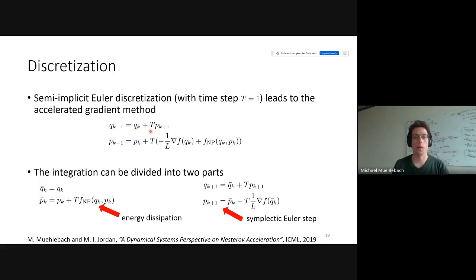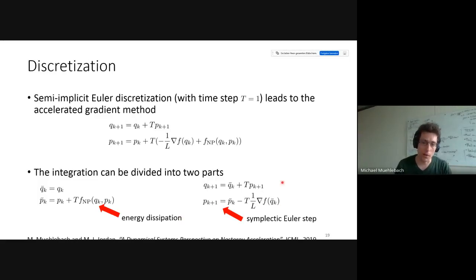And so what's essentially behind this scheme? You can divide it into two parts, which are applied consecutively. If you apply these two parts in a consecutive order, you obtain the original scheme here. The first part is just an update with the non-potential forces, so with the damping forces. You could think of this as essentially dissipating energy.